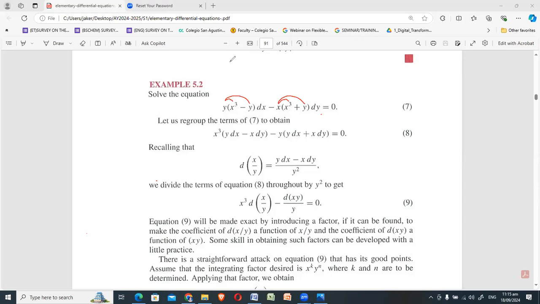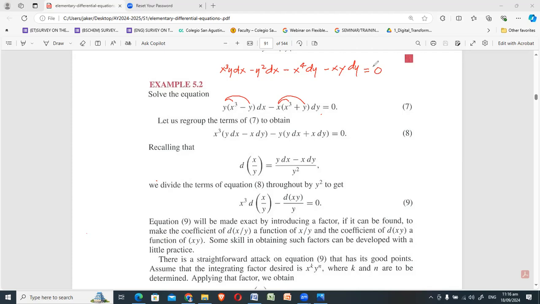If you do expansion and write it here, you'll have x cubed y dx minus y squared dx. And you go here, you will have x to the 4th dy, and you will have minus xy dy equal to 0.